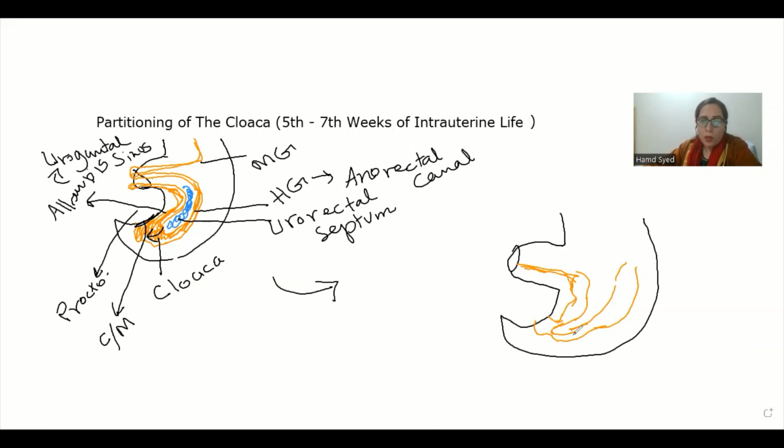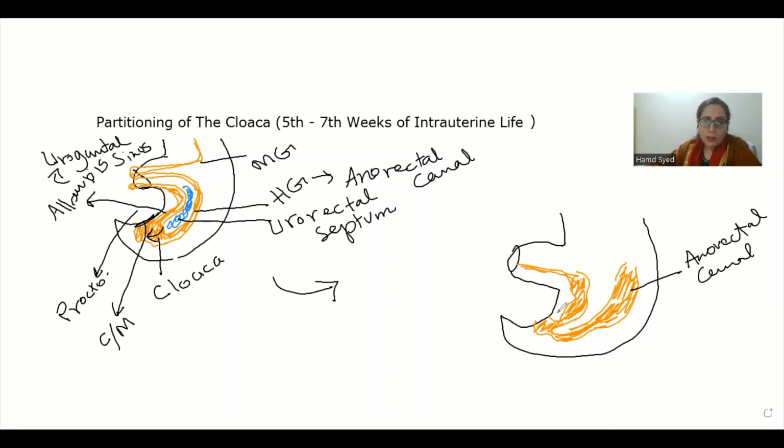So now we can label the hindgut, and we can also label this structure, which is now the urogenital sinus. The hindgut is now called the anorectal canal, because it is going to form the rectum and the superior part of the anal canal.